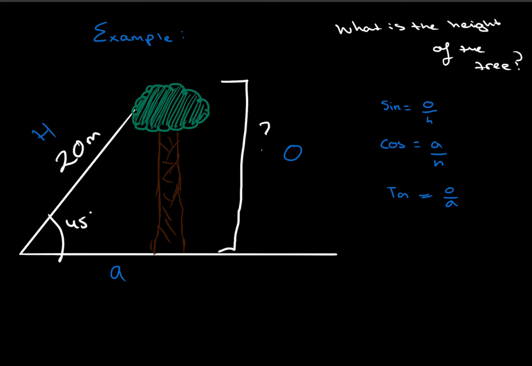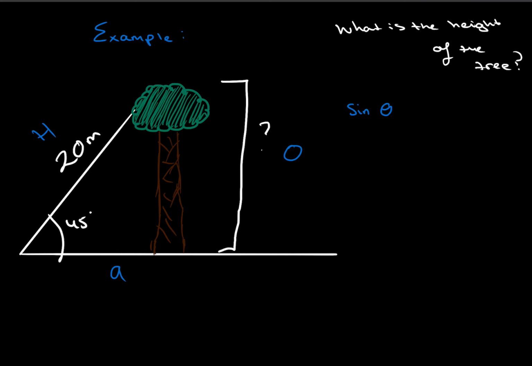We can take out cos, because we don't have an adjacent to find, and we only have our hypotenuse and our angle. So we need to find an equation that uses the hypotenuse and opposite. Which one do you think that is? It's the sine.